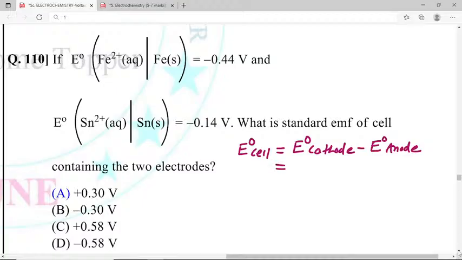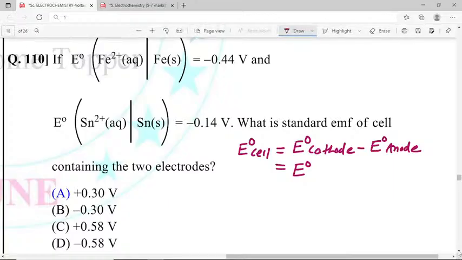So what is the cathode here? It should be anode here, and it should be cathode here due to potential values.